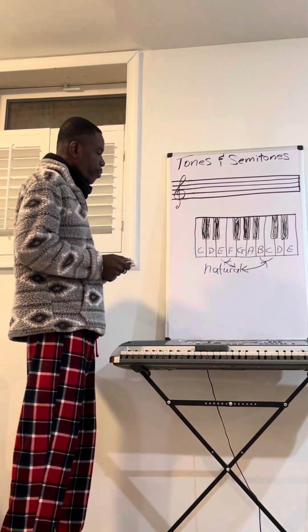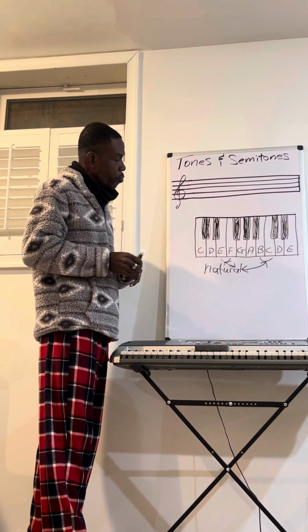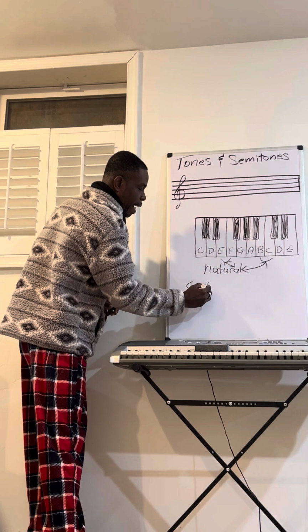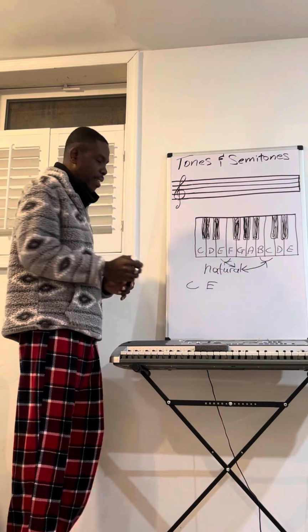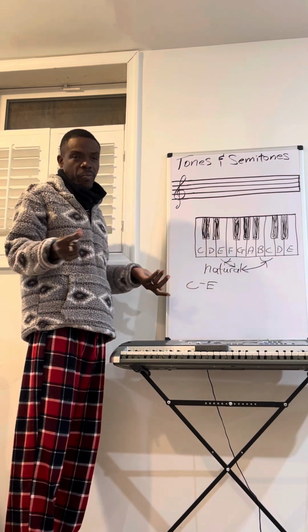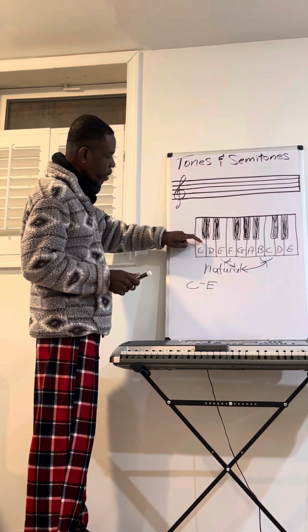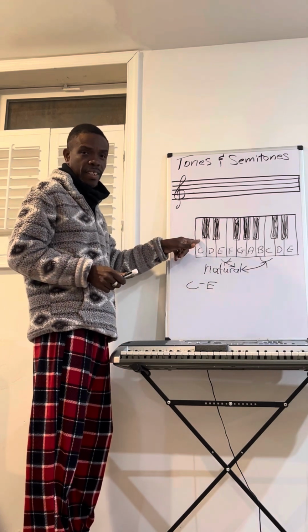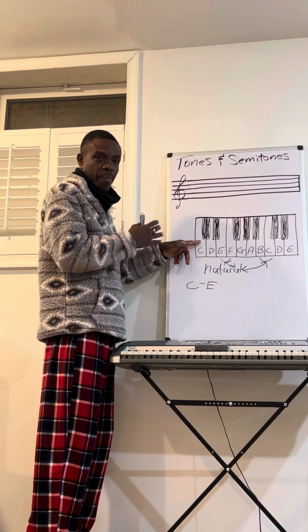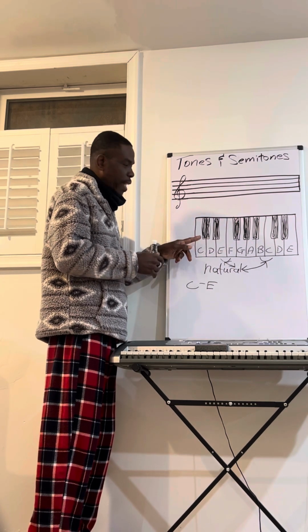So, if I'm asked what's the distance between C and E, what's the space, what's the interval, then I count. I can't count C because I have not moved. I'm at the same spot, so I cannot count one.